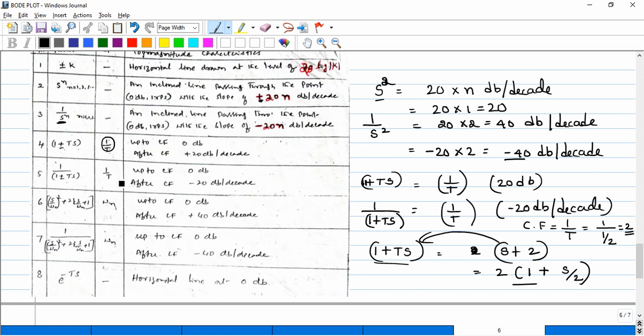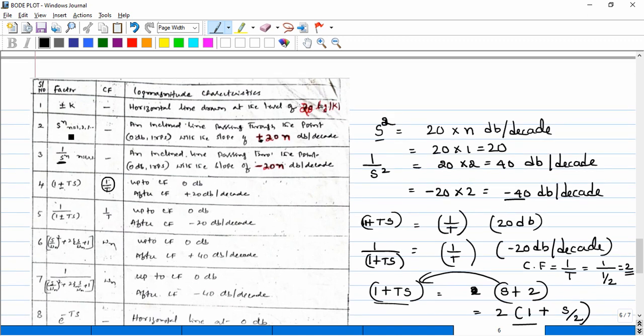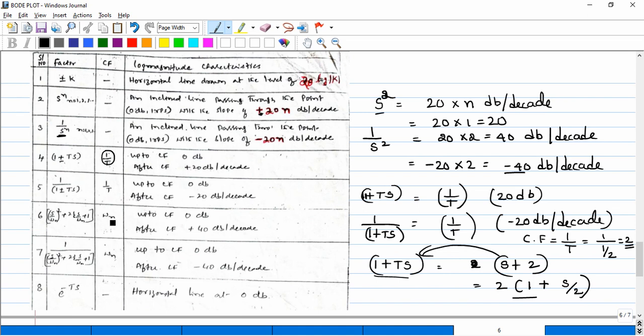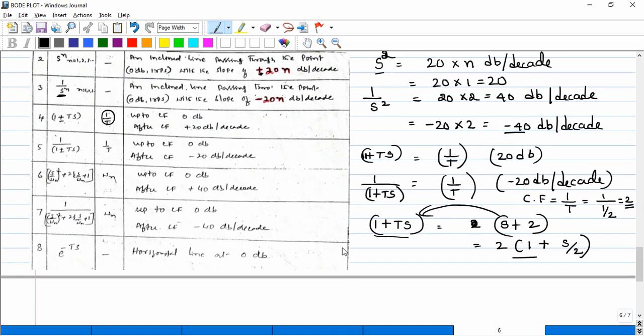So if you notice, for the integral factor we had the formula 20 into n, and for the first order factor it is just 20 dB and minus 20 dB. For the second order factor, it has been doubled, that is 40 dB per decade and minus 40 dB per decade. And for the exponential factor, e raised to the power, we need to draw a horizontal line at 0 dB. This part we shall look at when we are solving that particular problem.